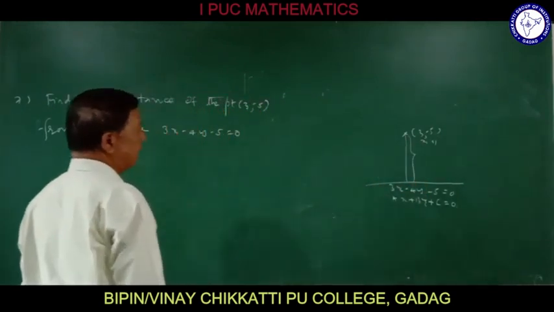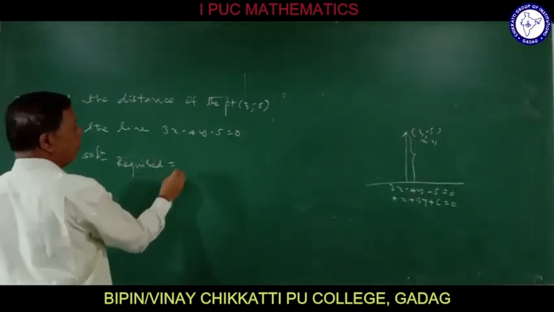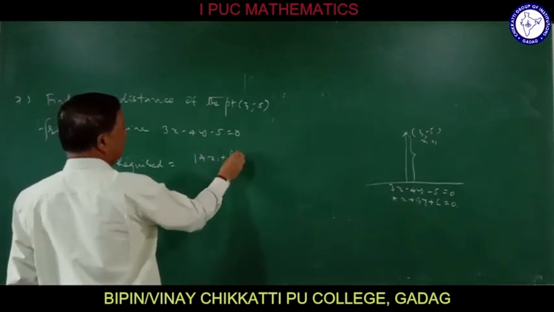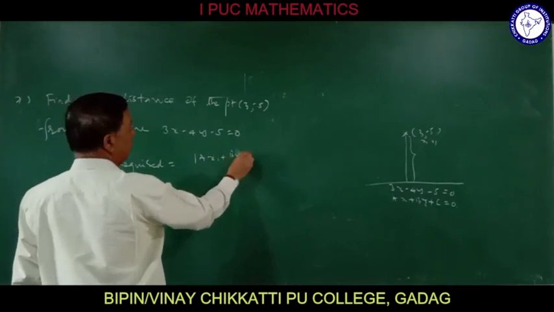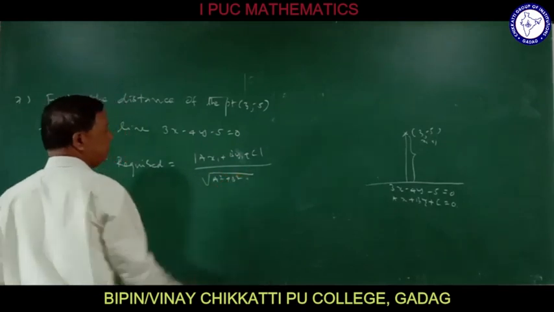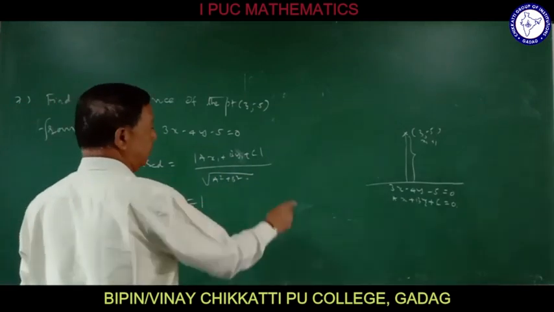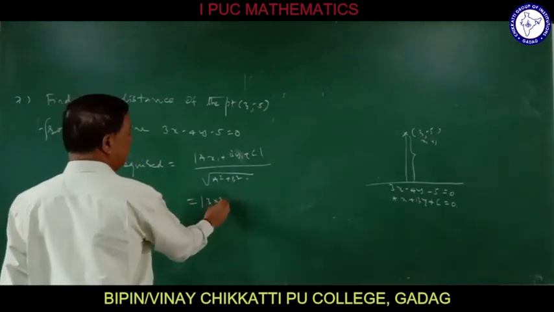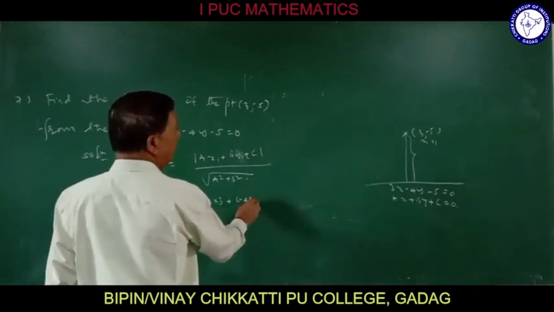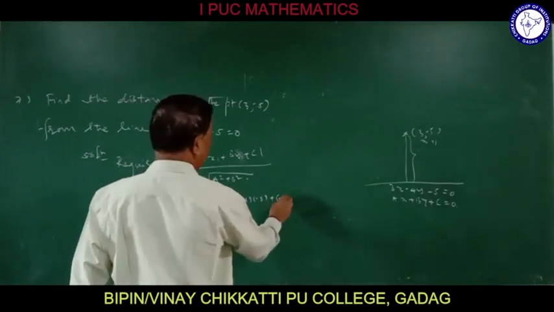The required distance is equal to the modulus of ax1 + by1 + c, divided by the square root of a square plus b square. Here, a is 3, x1 is 3, b is -4, y1 is -5, and c is -5.